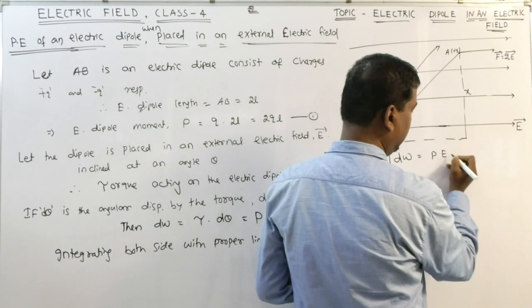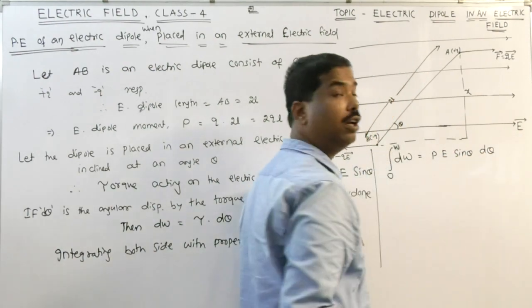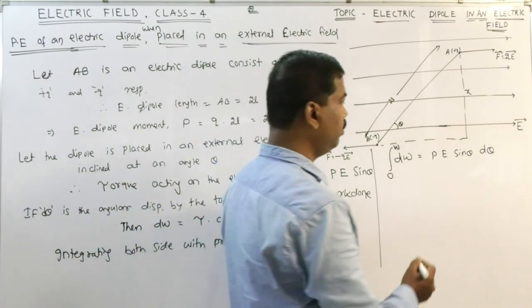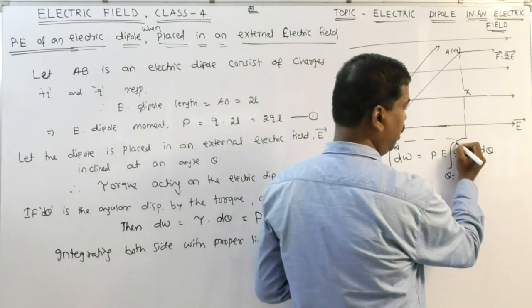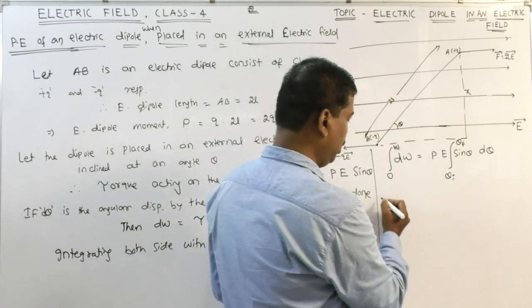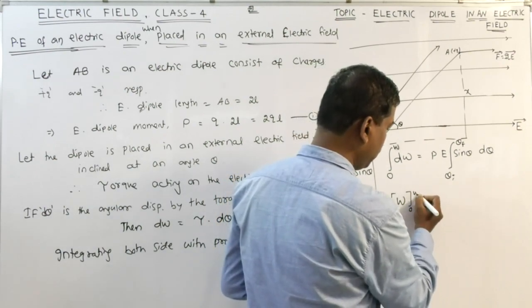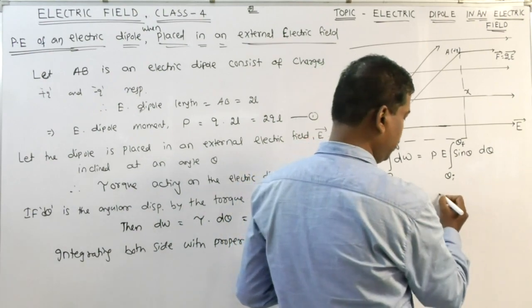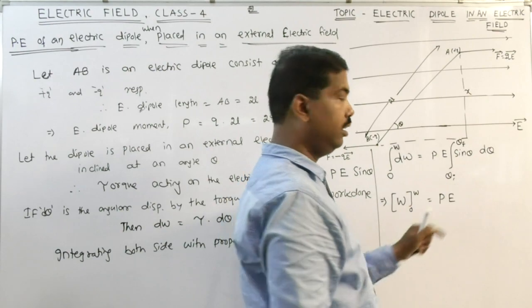Integral of dW is equal to integral of P E sin theta d theta. Clear? Initially the angle is theta I. After work is done, the final angle is theta F. Therefore, W is equal to the integral from theta I to theta F of P E sin theta d theta.